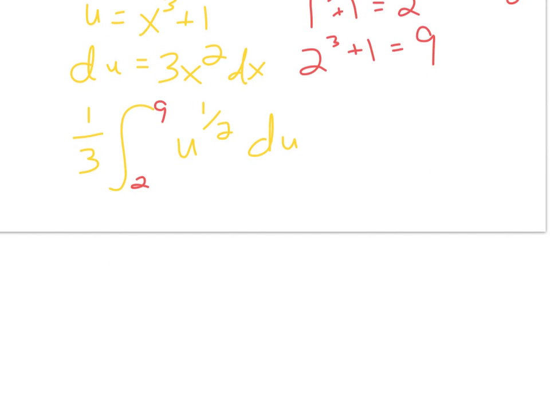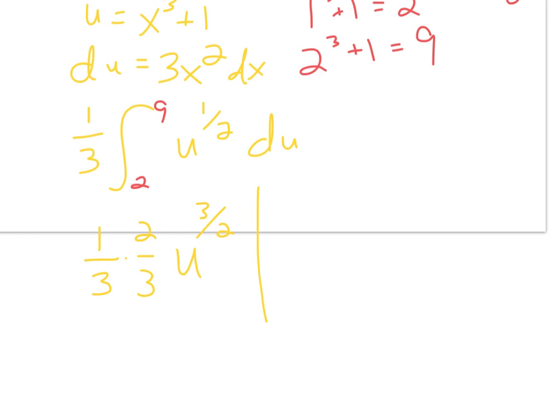So now we can go ahead and do the antiderivative. So we're going to have a 1/3. Our u is going to get now added 1 to the exponent. That's going to be a 3 over 2 power. We're going to multiply that by the reciprocal. That's 2 over 3.